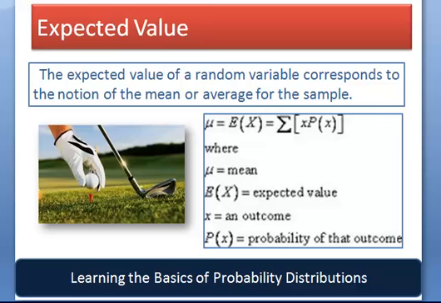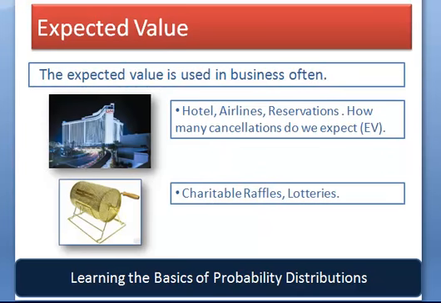Now, the expected value is oftentimes what we use for the mean. So how do you use it in business? Well, it's used often for hotels, airlines, reservations. How many cancellations can I expect? What's the expected value of the cancellations? Most hotels, airlines, and their reservations do what's called overbooking.